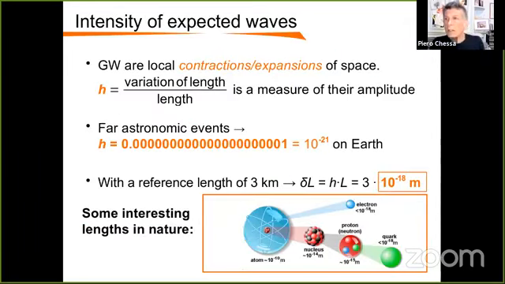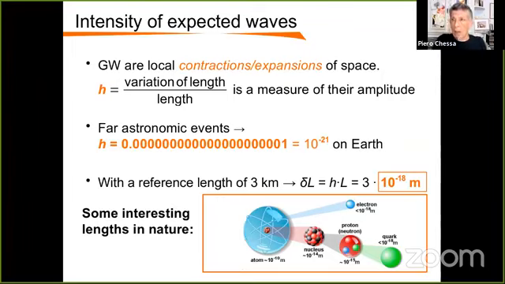But what kind of effect do we expect? What intensity of these waves do we measure? A measure of the intensity is usually the fraction between the variation of a length and the length itself. So it's a dimensionless quantity. And for the far astronomical events we measure here, this amplitude is something like 10 to minus 21.